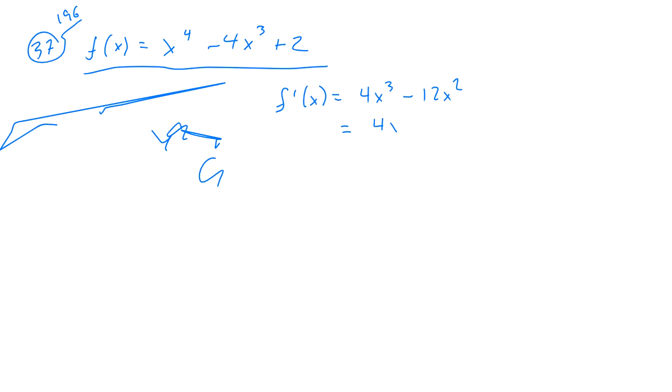There's no place where it's undefined, so I only need to look at the places where it's equal to 0. So let's set that equal to 0 and solve. I'll either have x squared equals 0, which means that x is 0, or I have that x is 3. So these are my two critical numbers.